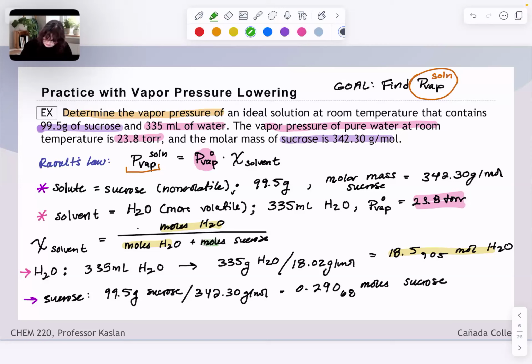So I now have moles of sucrose, which means I need to find the mole fraction of solvent by summing those total moles.